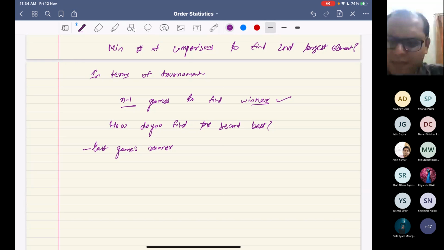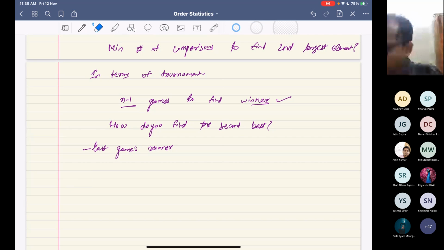So he might not be able to play other games to show that he is the second best. Suppose your array has 10 elements and the largest and second largest are in the beginning. The second largest will lose immediately, right?